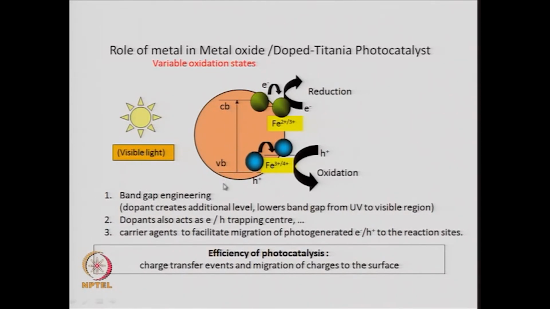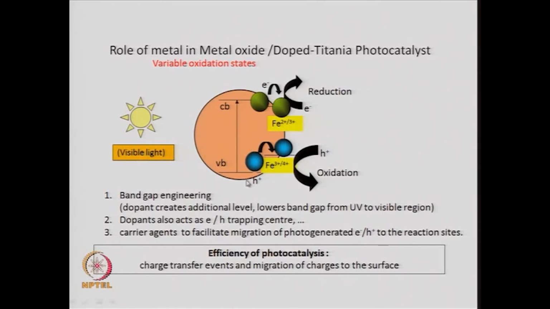This is the conduction band and valence band, and now you have doped this titanium dioxide with a metal oxide. The metal oxide that you have chosen is iron oxide. Iron oxide will have possibilities of being in iron 2 plus, 3 plus, 4 plus, and so if you have these kinds of oxides on top of the surface, what can happen?